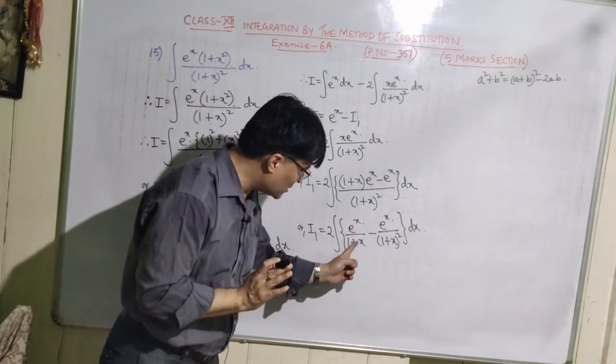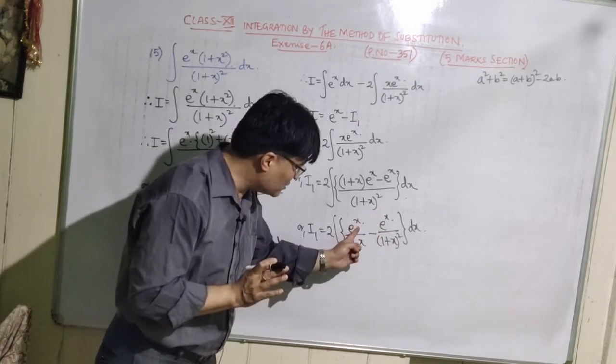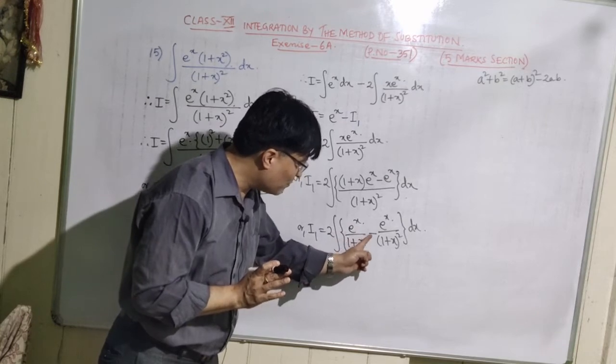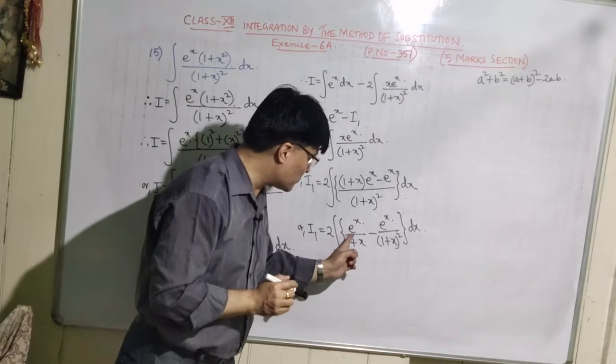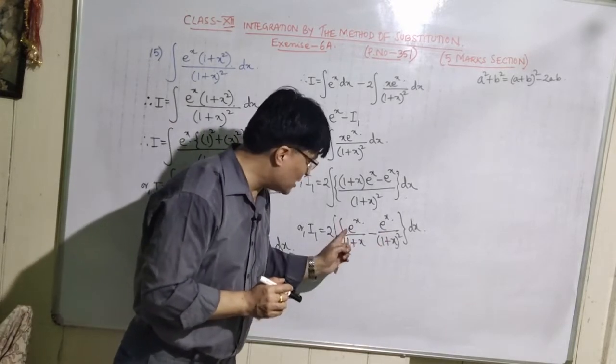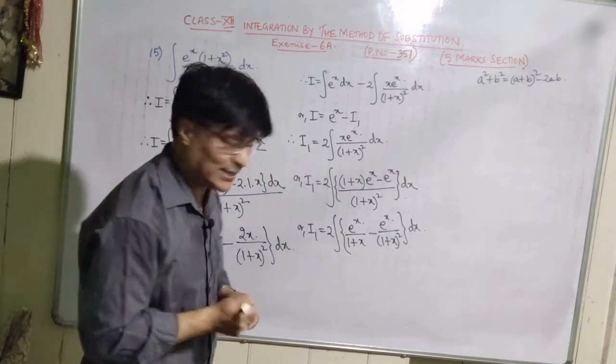Okay. Now you know that this is actually, let us forget about e to the power x. This is 1 upon 1 plus x and this is minus 1 upon (1 plus x) whole square. That is, differentiation of 1 upon 1 plus x is minus 1 upon (1 plus x) whole square. That is, differentiation of the first function is the second function. So let us assume this first function, that is e to the power x upon 1 plus x, as z.